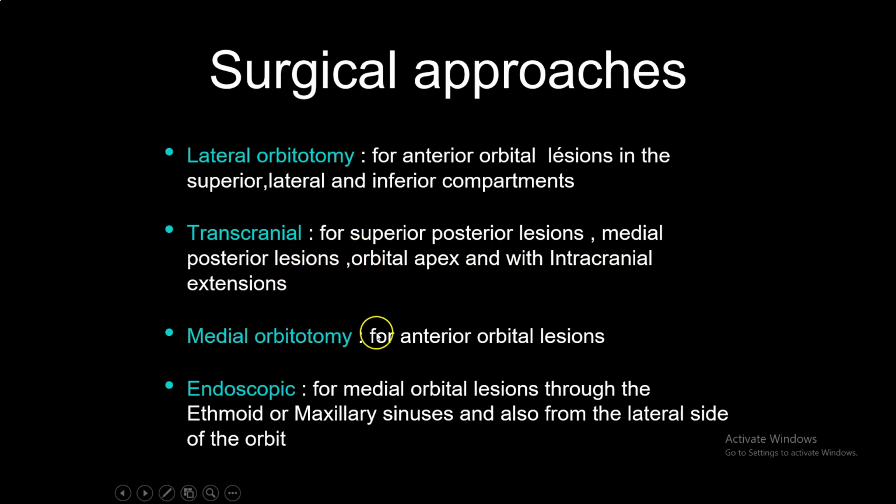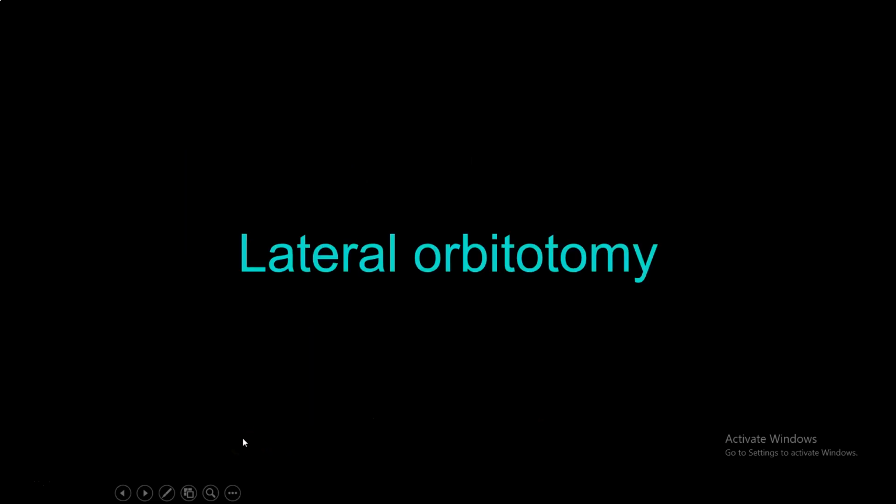And the medial orbitotomy is for anterior orbital lesions, as we'll see. And recently, endoscopic approaches to the orbit are gaining more and more popularity. It was first designed for medial orbital lesions by our ENT colleagues through the ethmoid and maxillary sinuses, but recently it is used also for the lateral side of the orbit, as we'll see now.